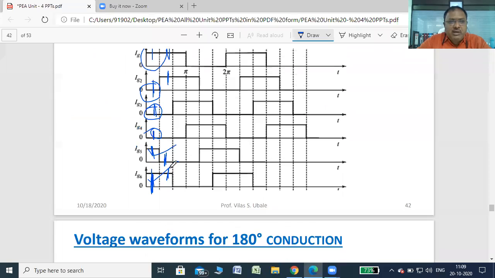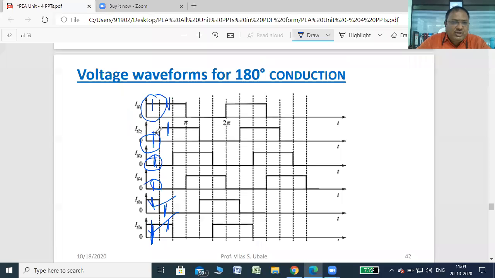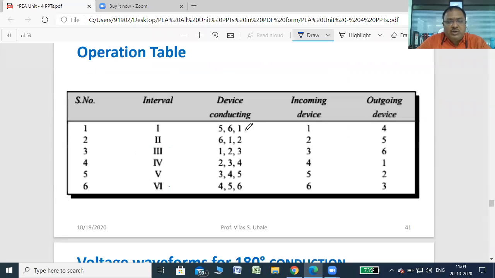But just see here, during the first interval, 5, 6, 1 is on. Remaining 3 SCRs are off, right? So 1, which was not conducting in the previous pair, is called incoming, then outgoing. Now 1 is there for 3 consecutive intervals, interval 1, 2, 3. 1 is on, 1 is on, 1 is on.